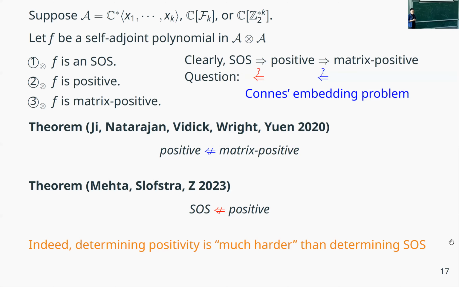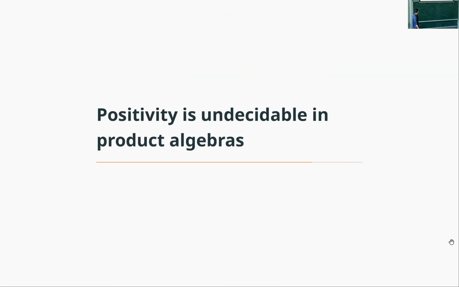Moskin did that. Well, it's possible to find an example in the future. That's a very non-constructive statement. So positivity is indeed undecidable in the product algebras, in the tensor product of free algebras.